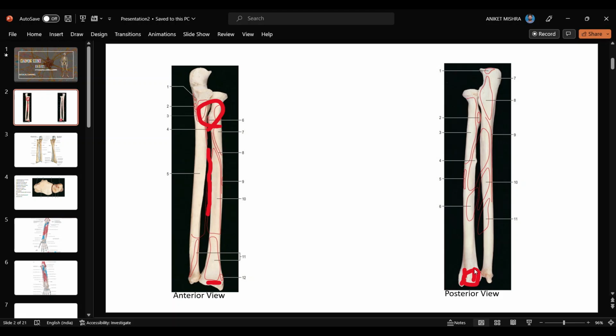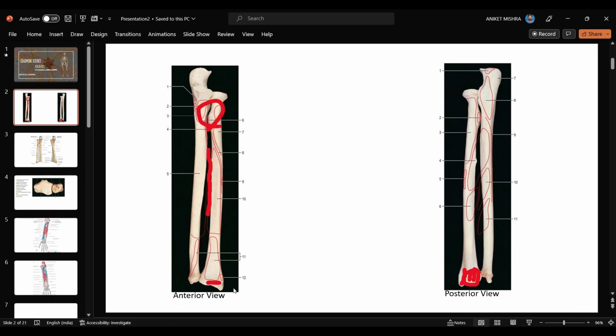So again, when we see the radius bone and want to know how we determine its side, first we see the disc-shaped structure that is present at the proximal end, and the styloid process which lies at the inferior side. To tell the anterior from the posterior, at the posterior side there are grooves, approximately four, for the extensor tendons.